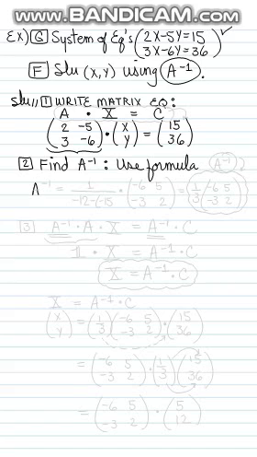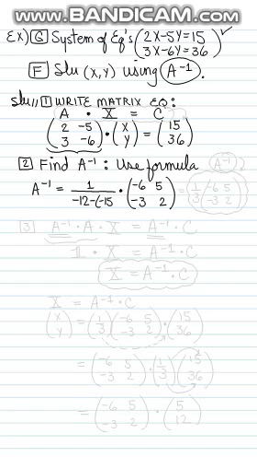So A inverse will be equal to 1 over cross product minus cross product. That will give us 2 times negative 6 minus 3 times negative 5, which is negative 12 plus 15, so 1 over 3... let's do the switcheroo on this matrix. Switch the diagonals, negative 6 upstairs, 2 downstairs, and just change the sign in front of the other entries. This negative 5 becomes a positive 5.